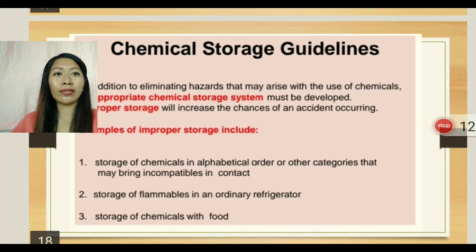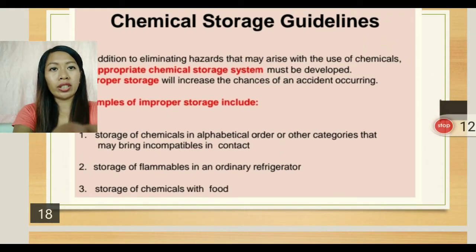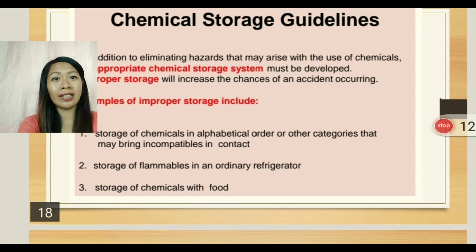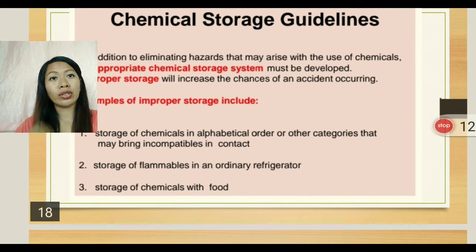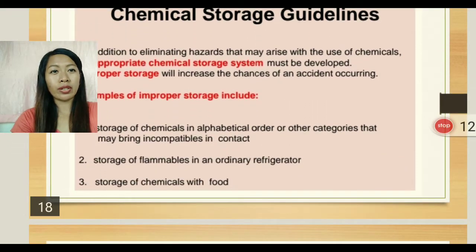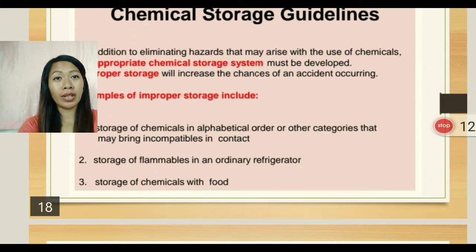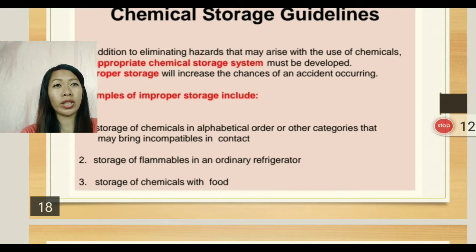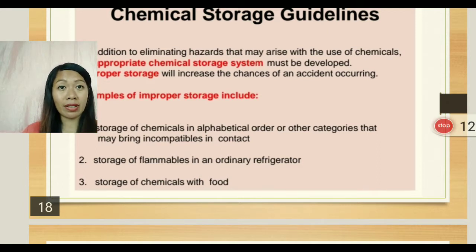We have guidelines for chemical storage. So in addition to eliminating hazard that may arise with the use of chemicals, an appropriate chemical storage system must be developed, and proper storage will decrease the chances of accident occurring. Some examples of improper storage include storage of chemicals in alphabetical order.